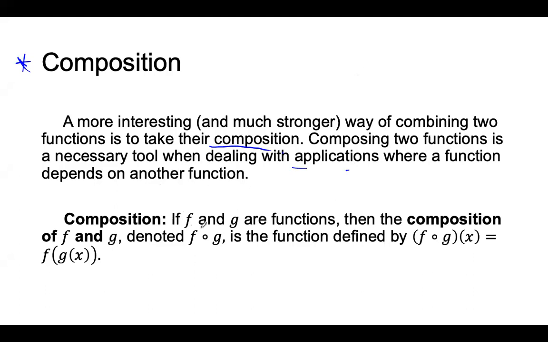So the composition of f and g, as functions, is denoted f, this little circle thing, g. So it's read as f composition g. And it's defined this way: f of g of x, where we basically take the input x, plug it into g of x, and then take that output of g of x and plug it into our f of x.